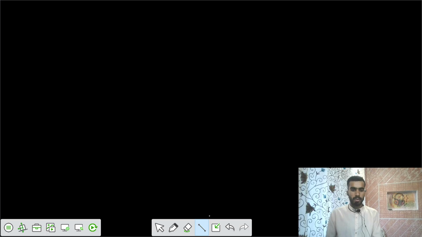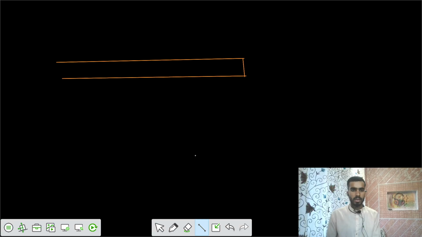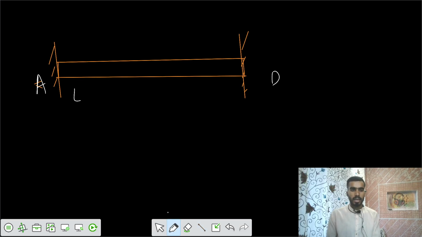So finally I can show you that this is your shaft of length 4L, fixed on the sides A and D. This is side A, this is side D, and the lengths are L, 2L and L. These are points ABCD.